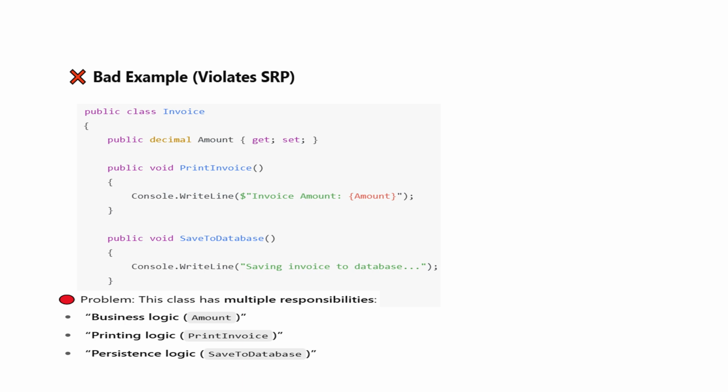Now what is the problem in this? The issue is this class has multiple responsibilities: the business logic, amount; the printing logic, PrintInvoice, which is basically the presentation logic, is also included in this class. And next is SaveToDatabase. The persistence logic is also there in the same Invoice class.